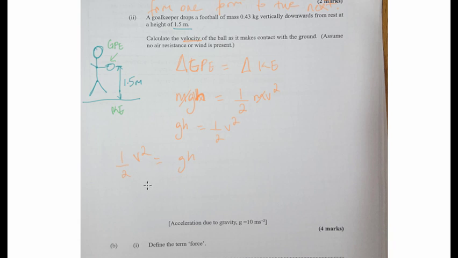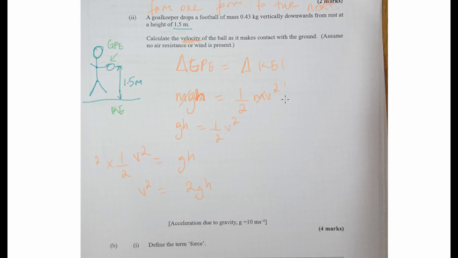Now, to make v squared the subject, I can multiply both sides by 2. When I multiply this side by 2, I get v squared, because the 2 will cancel, and when I multiply this side by 2, I get 2gh. So v squared is equal to 2gh, but we're trying to find the velocity, so we need to take the square root of both sides.